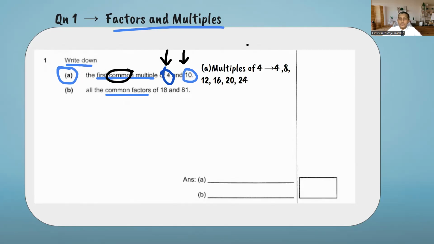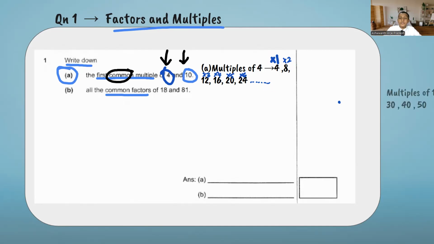Multiples of 4 are 4, 8, 12, 16, 20, 24, because 4 is 4 times 1, then 8 is times 2, then 12 is times 3, then times 4, times 5, times 6, and it keeps going on.